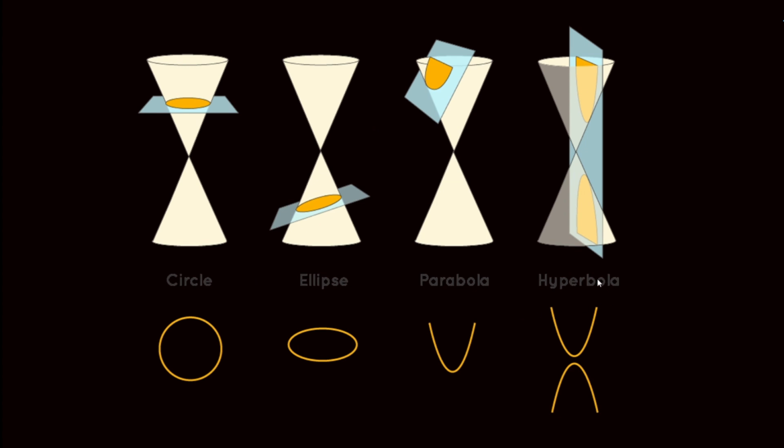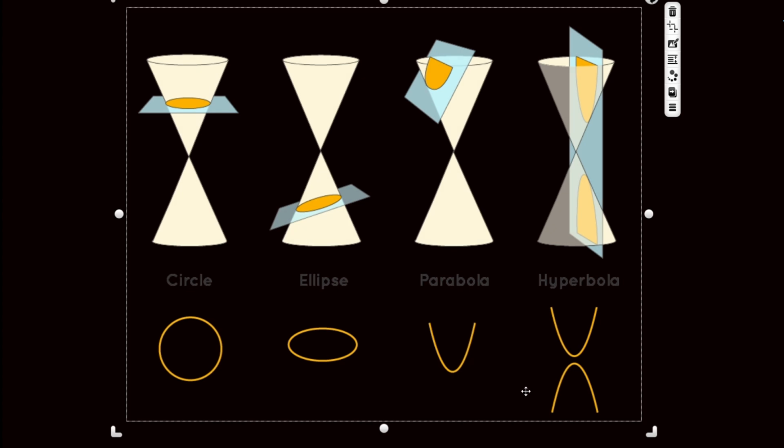All of these curves, which are called conic sections, have got a wonderful and unique reflective property, and those properties are very much useful in some of the optics problems.